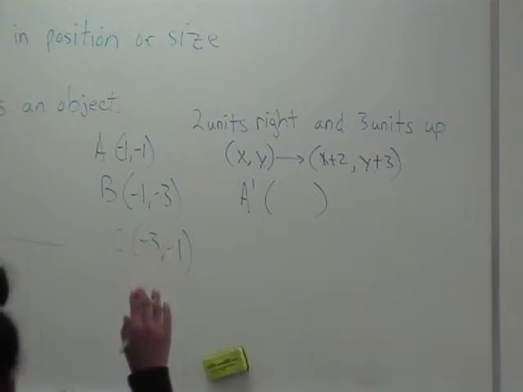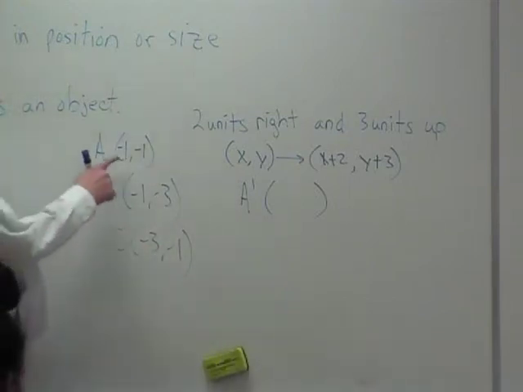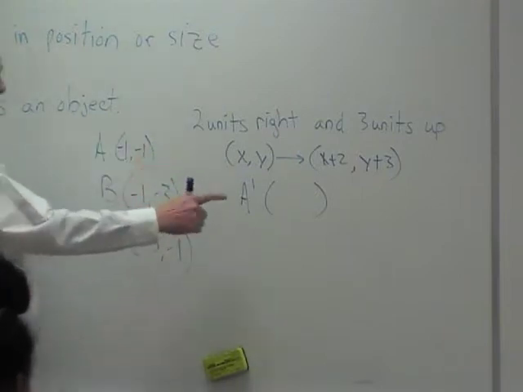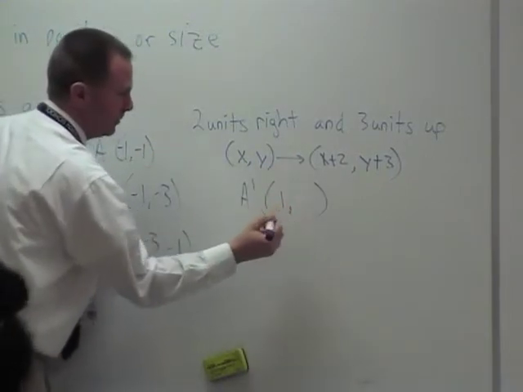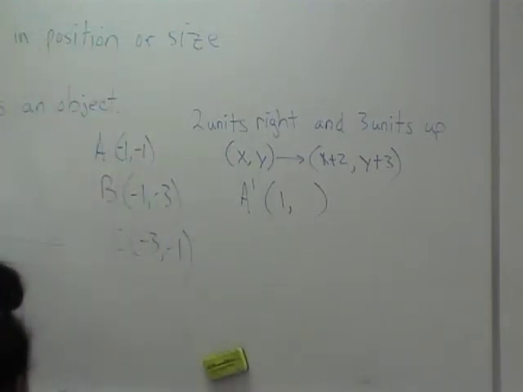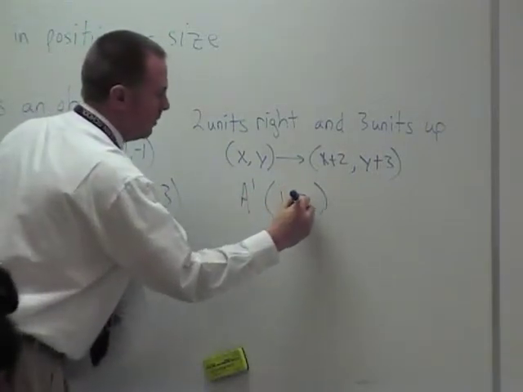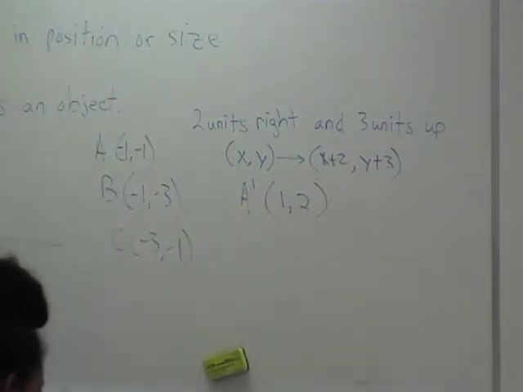All right, Neffy, tell me what A prime is going to be. Okay, -1 plus 2 is going to give me 1. And what's the y going to be? 2. That's right. So A prime's at 1, 2.